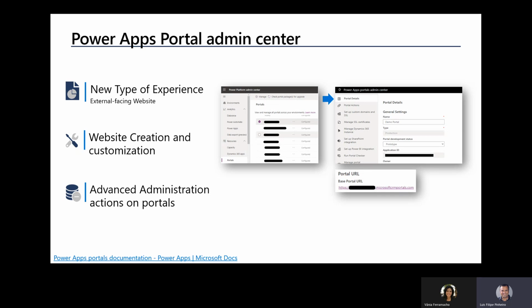You can manage SSL certificates, set up SharePoint integration, set up Power BI integration, manage the portal authentication key, and there are more options, but you can also set up IP address restrictions.